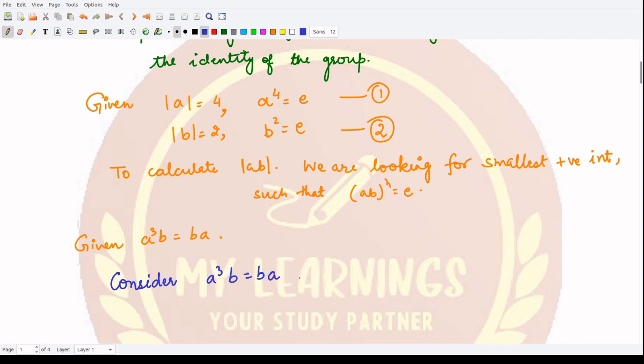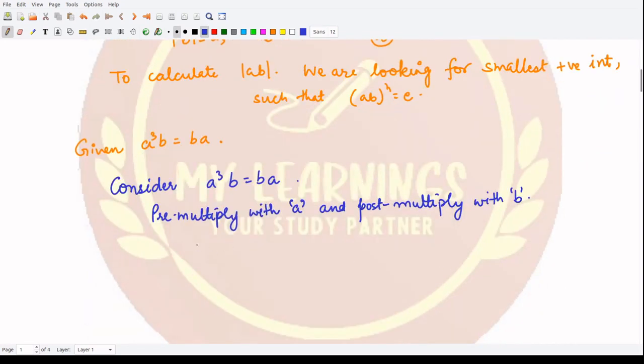We pre-multiply both sides with A, because we want to make it A raised to power 4, and post-multiply with B to make B power 2. So here you would have A cube, here you would have BB, equal to AB. So you can write this as A raised to power 4, B raised to power 2, equal to, using brackets, AB.